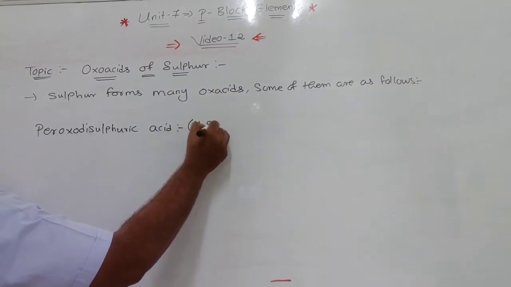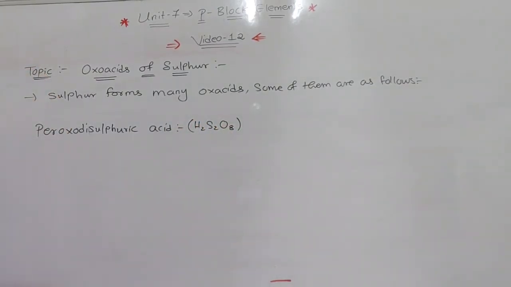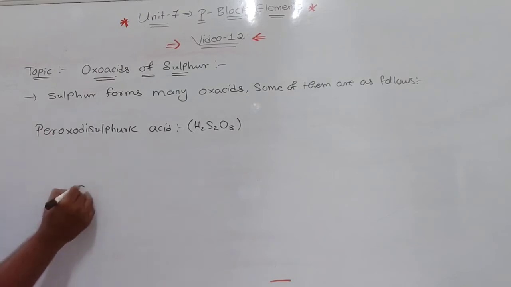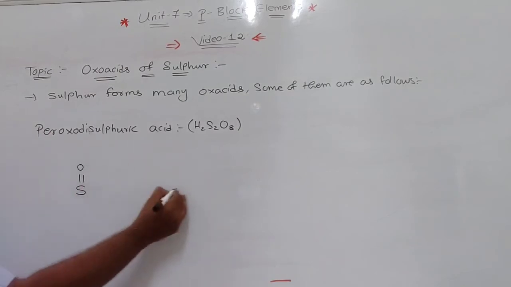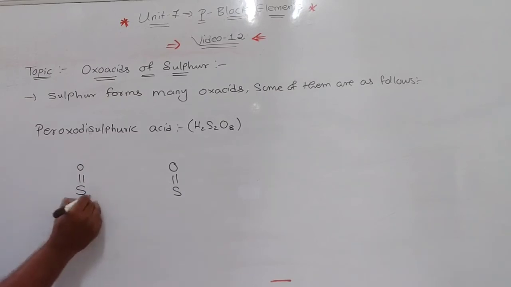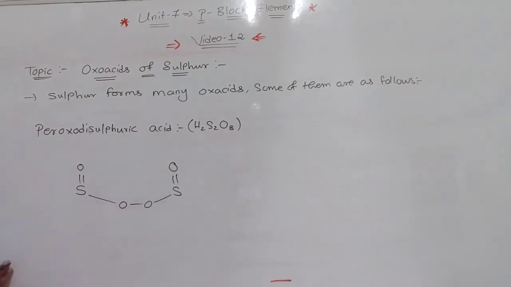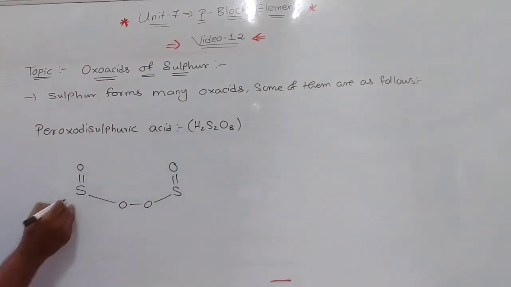Now when you have to draw the structure, S2 is there. So on both the sulfurs, first you draw a double bond O, right? And both parts get attached with an oxygen, an O-O bond. And then how many hydrogens? 2. So here one OH, right?